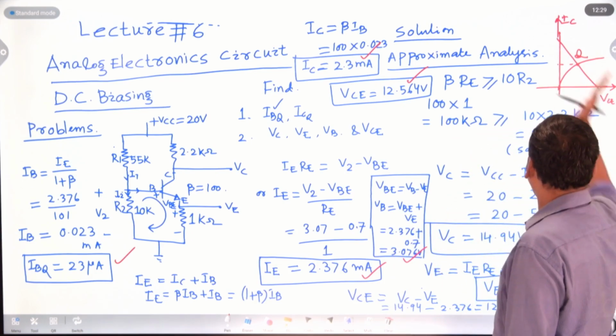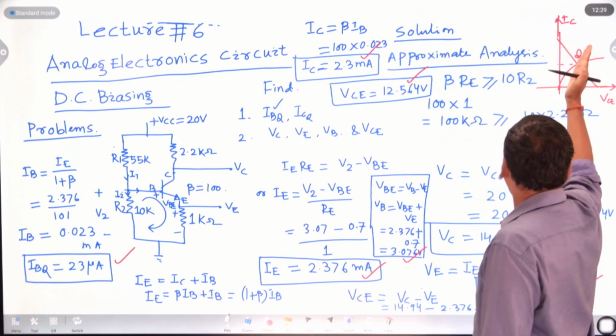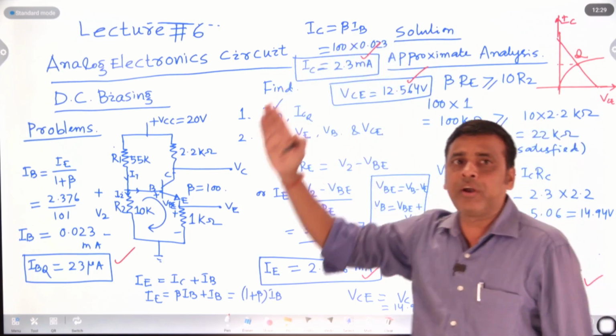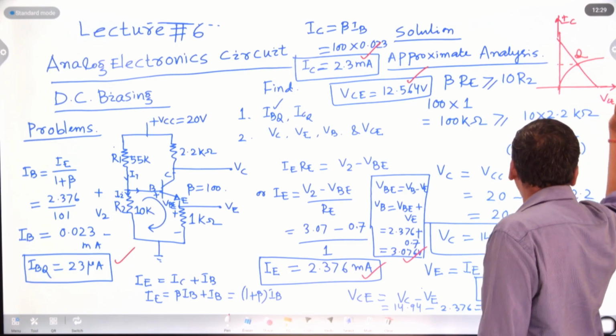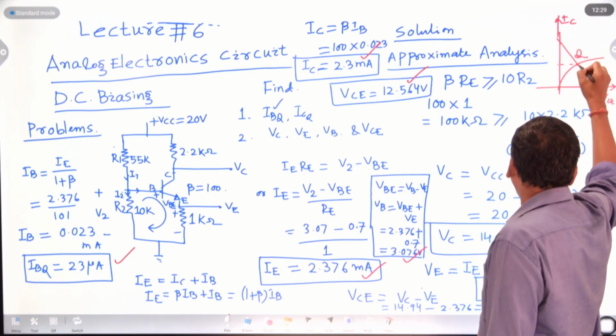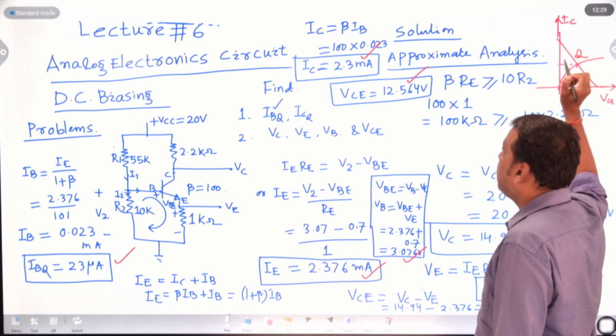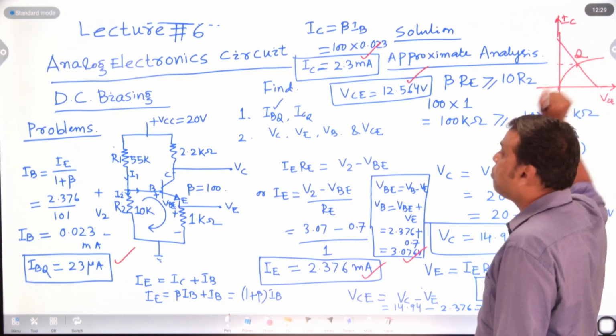It should not be shifted toward the saturation region, because in the saturation region, current will be maximum and voltage will be minimum. The Q point should not be disturbed.